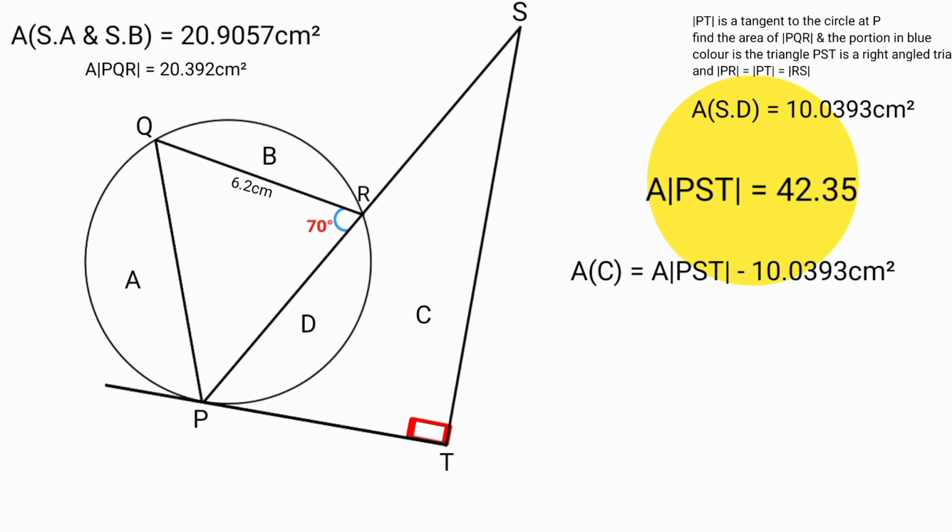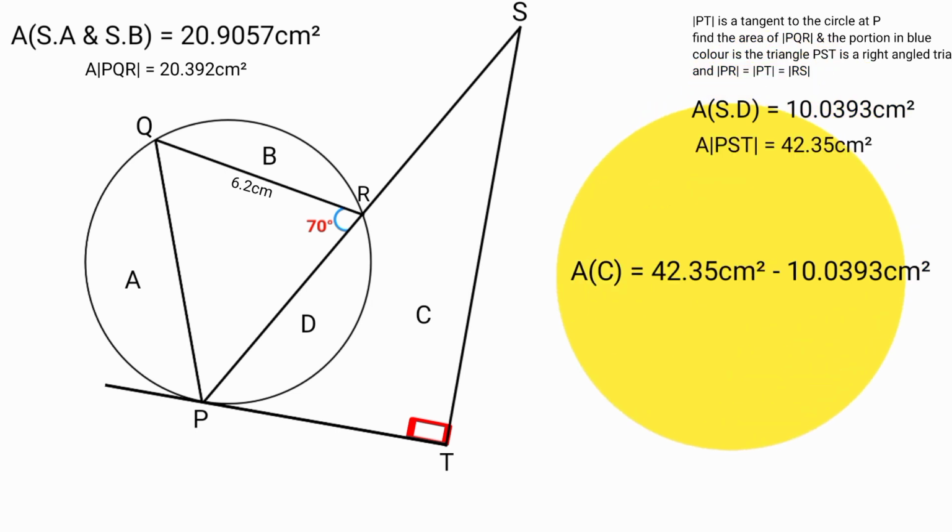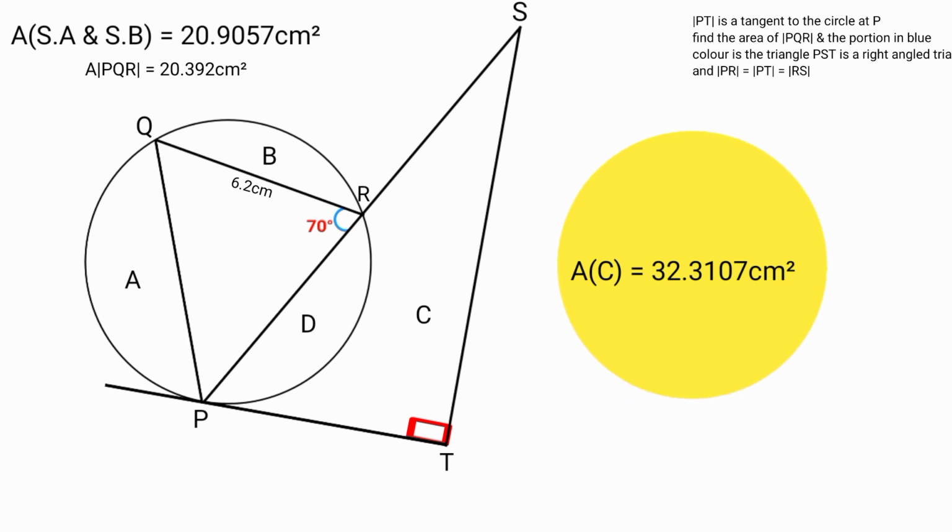So area of triangle PST equal to 42.35 centimeters squared. Substituting it here now, area of C equal to 42.35 centimeters squared minus 10.0393 centimeters squared, which is 32.3107. So area of C now equal to 32.3107 centimeters squared.